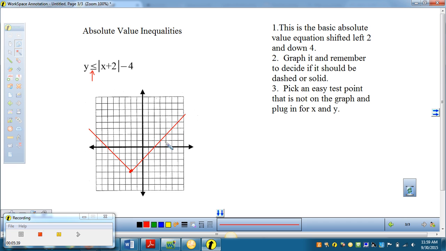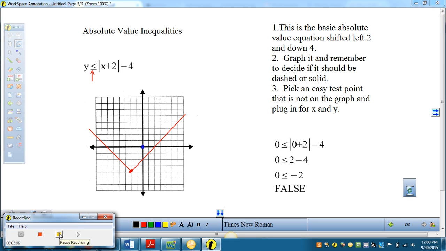Now we want to pick an easy test point, and once again, 0, 0 is not on the line. So let's pick that point and plug it into our inequality and see if we get a true statement. When I plug in 0, 0, I get 0 is less than or equal to the absolute value of 0 plus 2 minus 4. The absolute value of 0 plus 2 is 2.